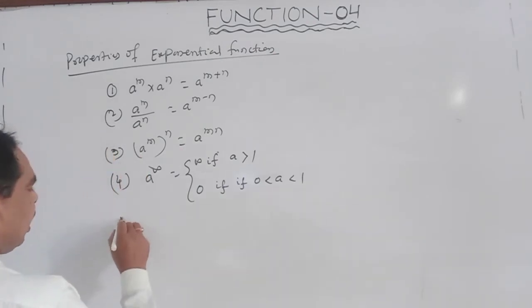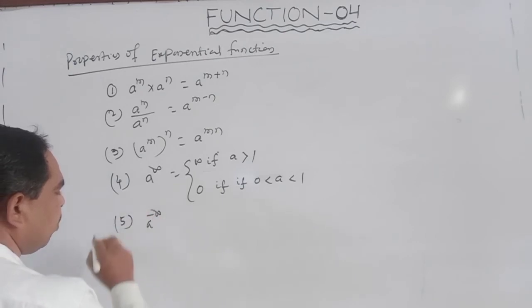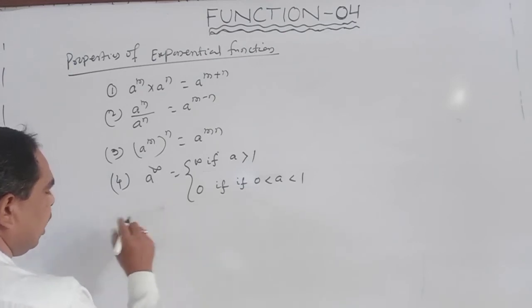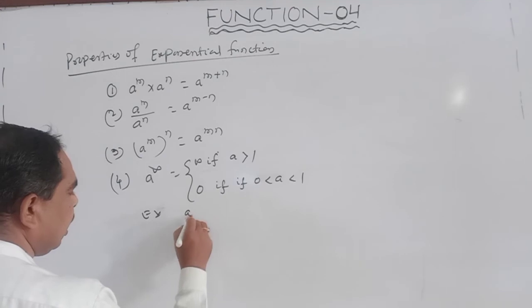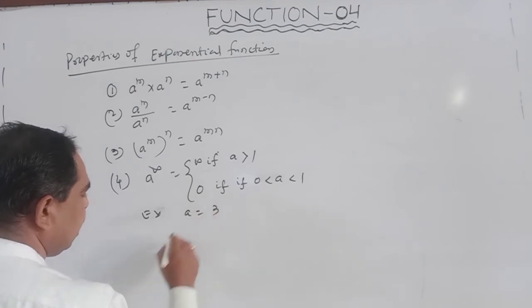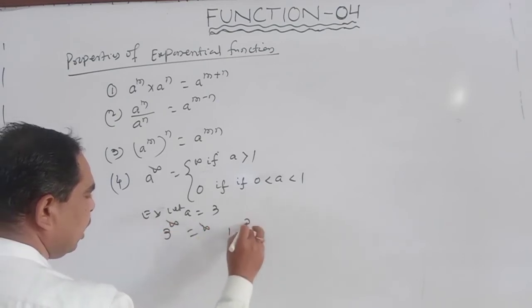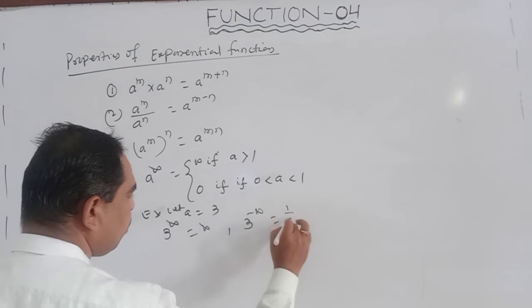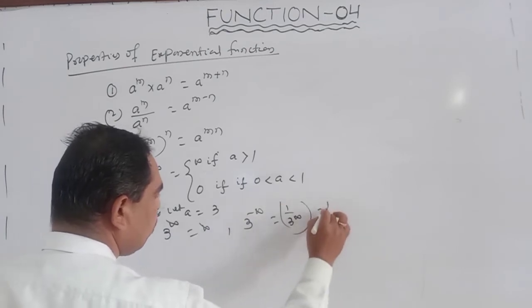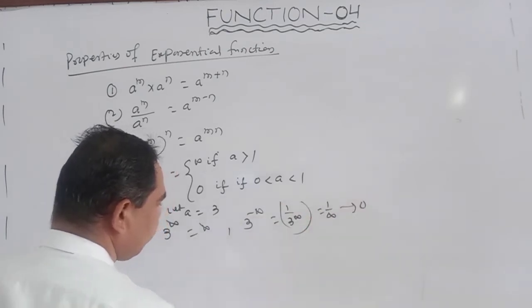Next, 5. a to power minus infinity. For example, a is equal to 3, so 3 to infinity is equal to infinity, 3 to power minus infinity is equal to 1 by 3 to infinity, which is 1 by infinity, tends to 0.